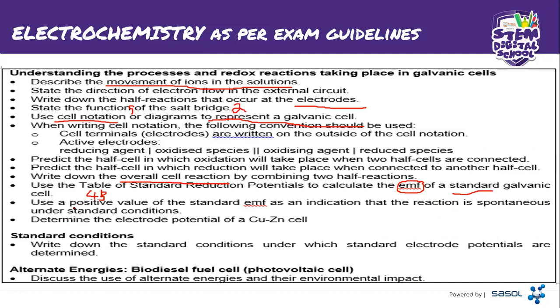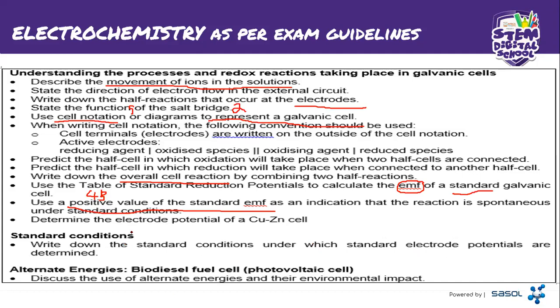And then we note again that if we have a positive value of the standard EMF, then it tells us that the reactions are spontaneous reactions. And the reason is that the value of the EMF is a positive value.